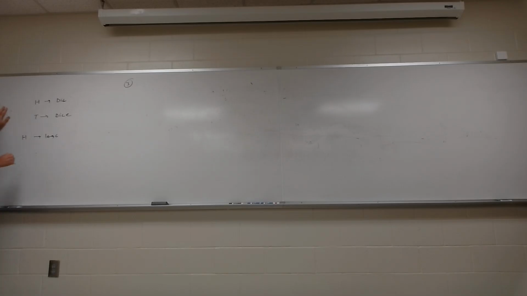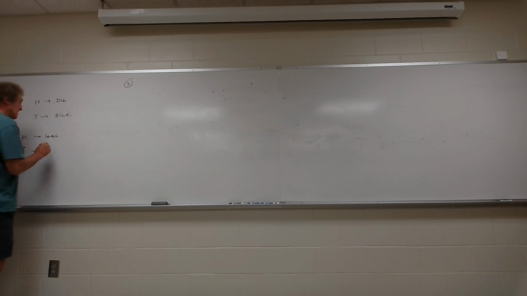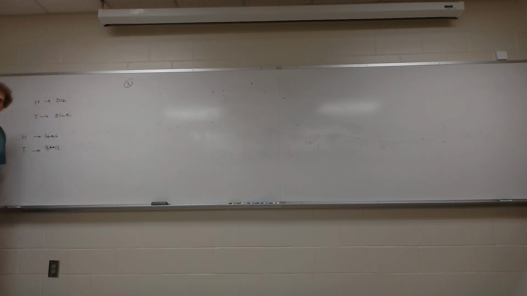And then if it comes up tails, it's assuming this is a fair coin, so the probability of either is 1/2. Then 2 dice are rolled, so the possible outcomes are 2 to 12 if you're adding. Y'all follow me, class?